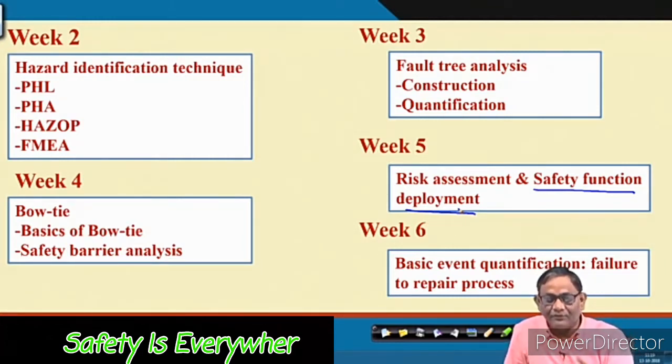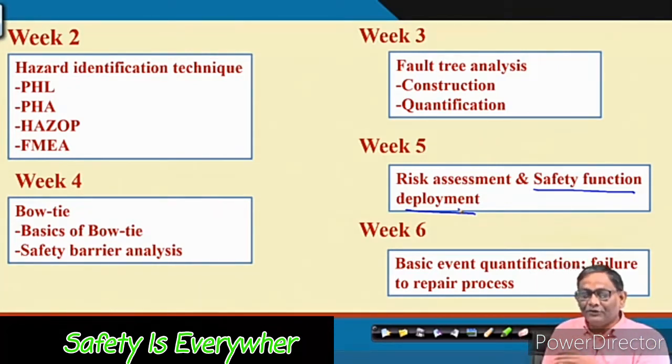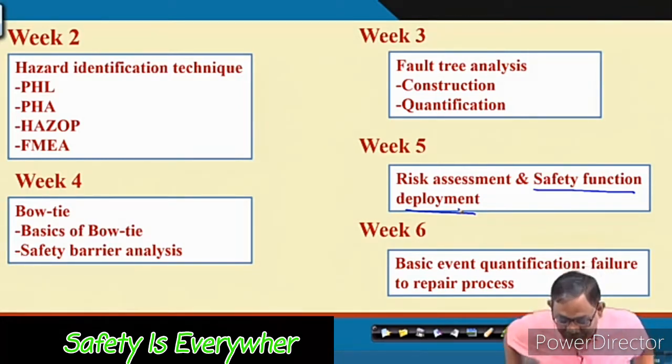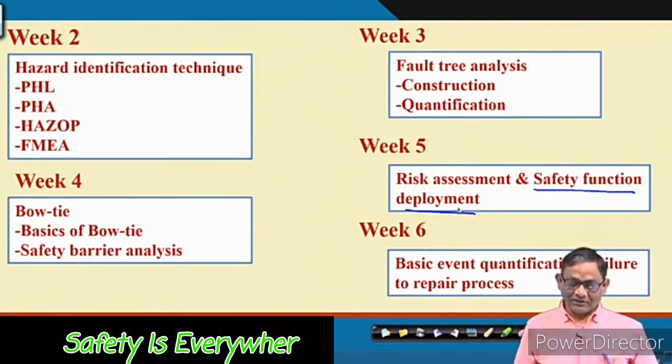Up to week 5 we were stressing more on qualitative aspects of safety engineering, although in between we gave you some quantification, but our focus was more on imparting knowledge on the concepts, the models, the theories, and the practice or application point of view.